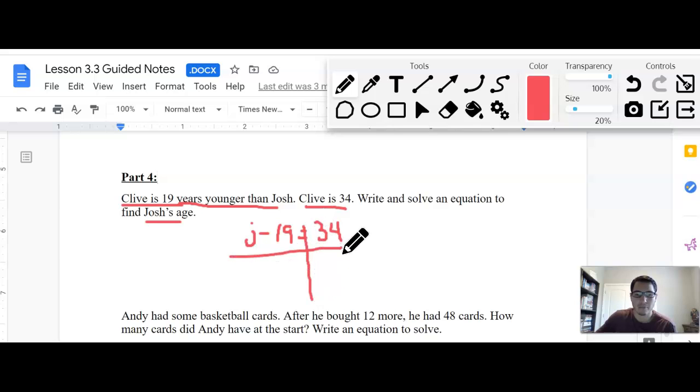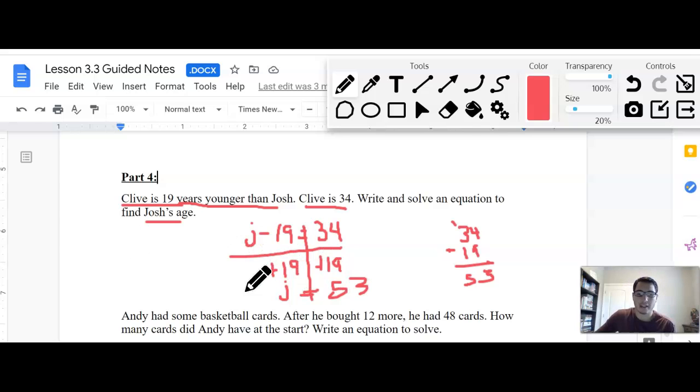Making a t-chart, to get Josh by itself, we add 19. Josh is going to equal 34 plus 19. That should be 13, 3, 4, that's 53.